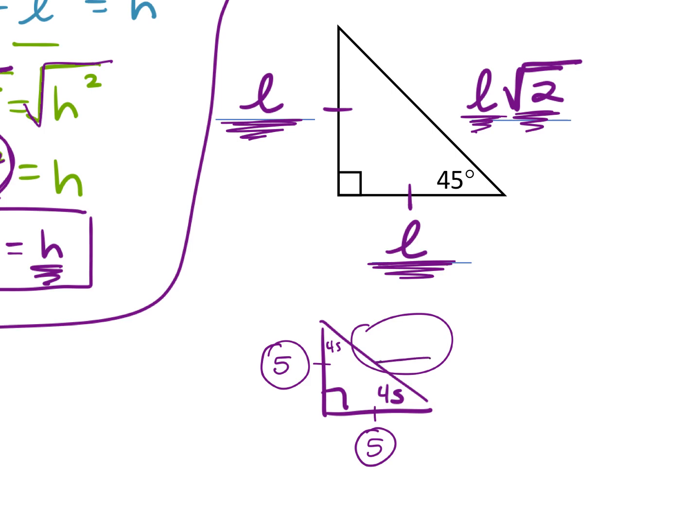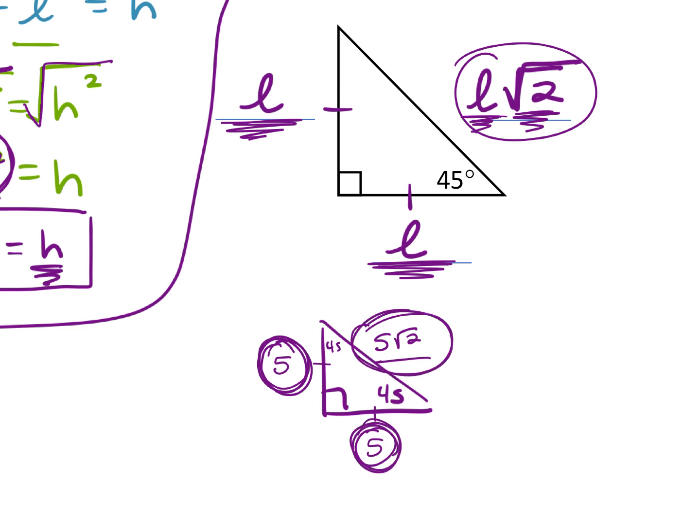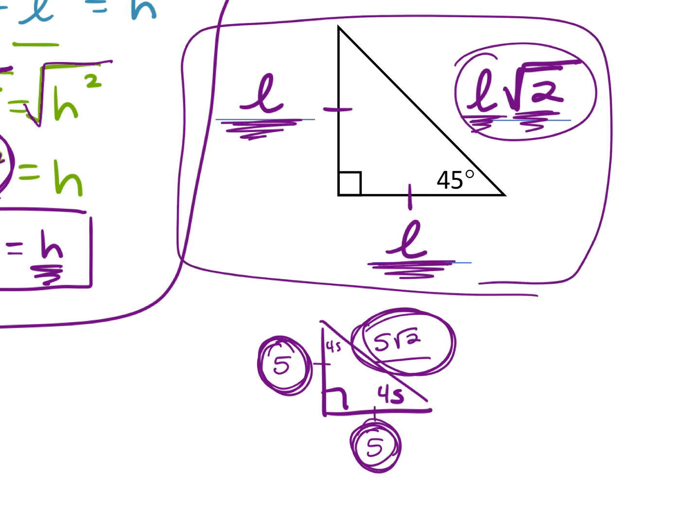So what is this length? What is L? L is 5, right? So L rad 2 is 5 rad 2. So if you have this number as a whole number, it's just 5, 5, 5 rad 2. So we just use that format every single time in a 45, 45, 90. Okay?